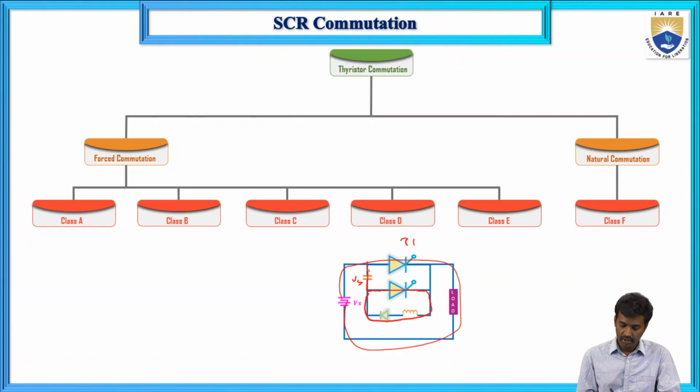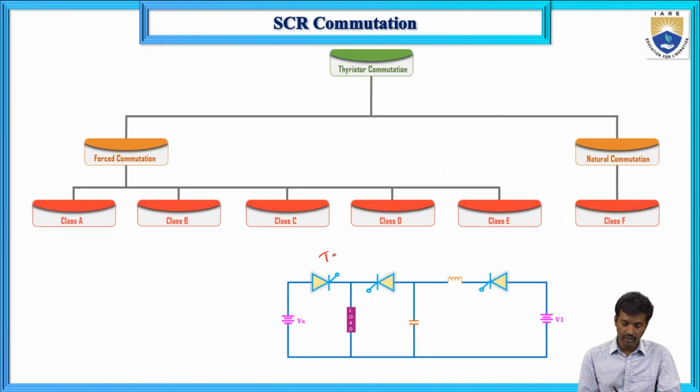When you turn on T2, a reverse voltage is applied across T1. By this voltage commutation, T1 will be turned off.